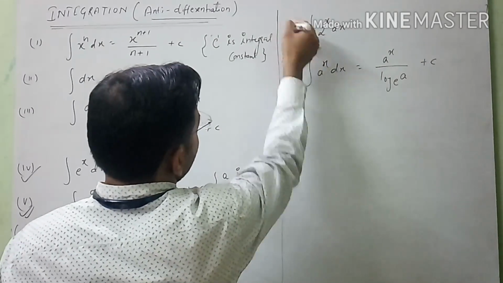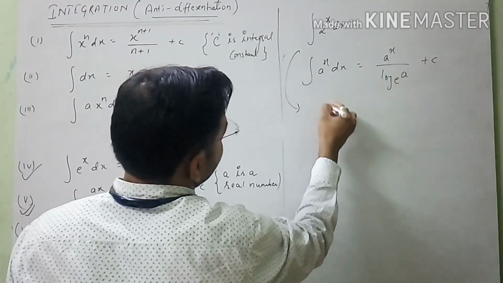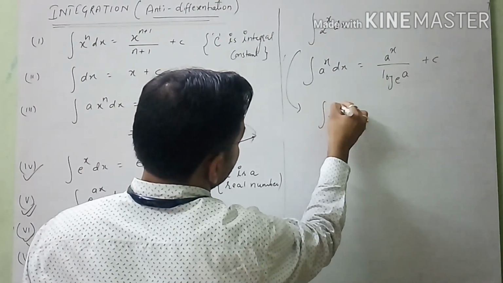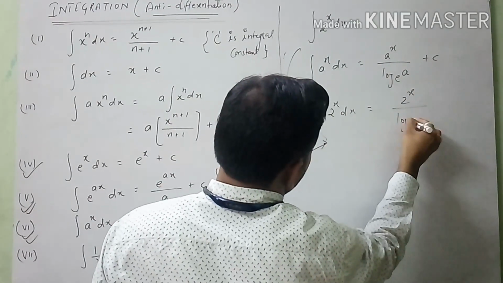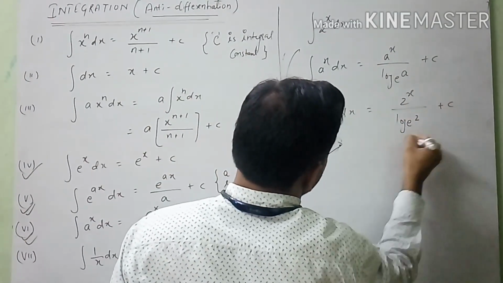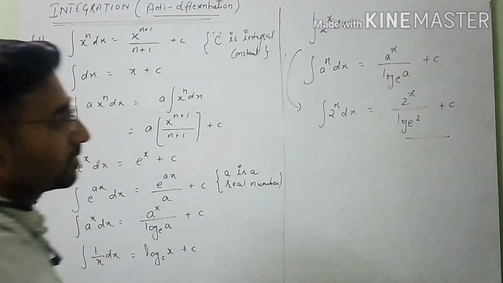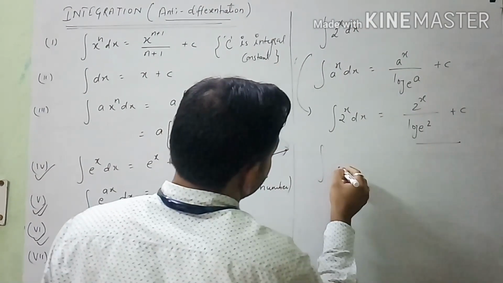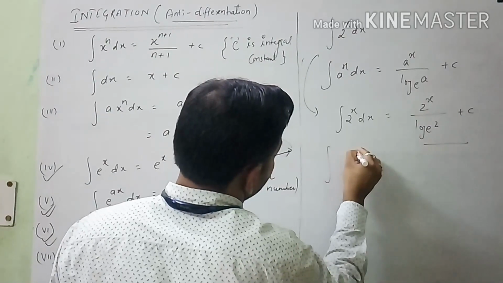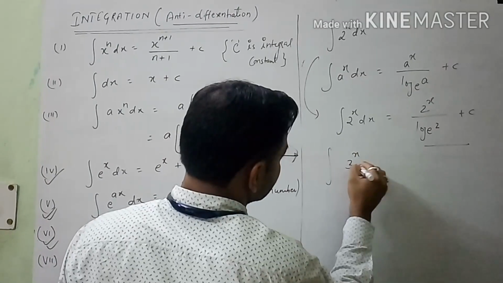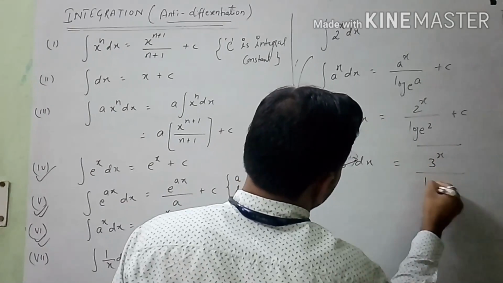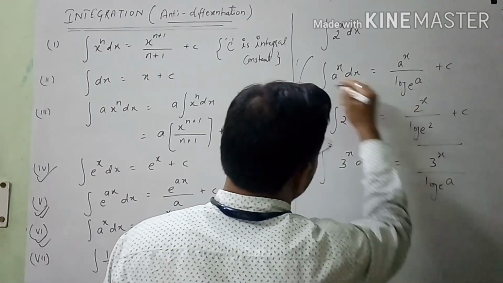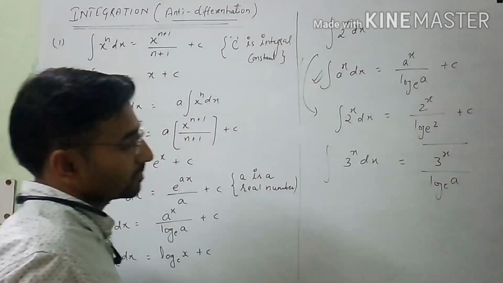So after using this property, you can solve it directly here. 2 raised to the power x dx equals 2 raised to the power x over log e base 2 plus c. This is the solution of this problem. If I show you the next example, 3 raised to the power x dx, the answer will be again in short way 3 raised to the power x over log e base 3, on the basis of this one.